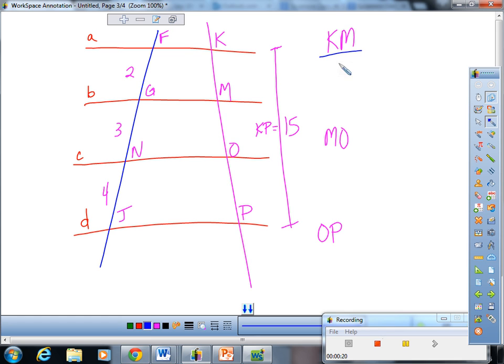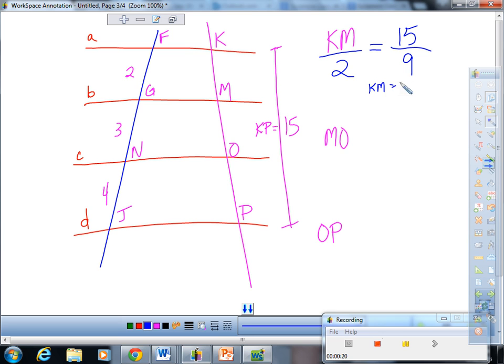KM is to 2. Now we got to use, over on this side, I need two things that I know. Well, I know that KP is 15. And what side would KP correspond with on the other side? FJ. So I'd have to do a little addition. 2 plus 3 plus 4 is 9. So that's my equation for KM.